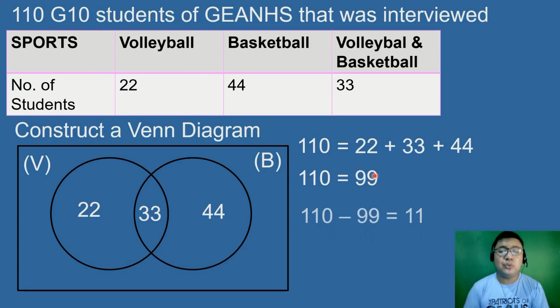So what we need to do here is subtract 110 minus 99 and we will get 11 students. So these 11 students did not join volleyball or basketball or both. So we will put 11 outside of these two circles, here.